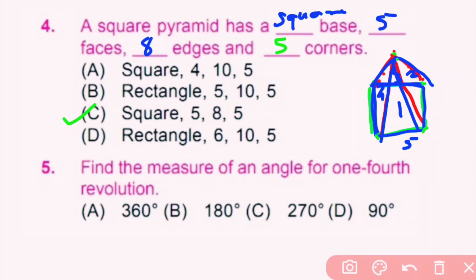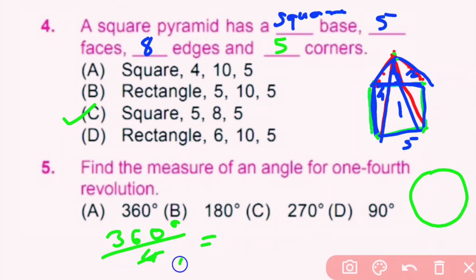Question number 5. Find the measure of the angle for 1/4 revolution. For a complete revolution, the angle is 360 degrees. 1/4 of it means divide by 4. 4 ones are 4, 4 nines are 36. For 1/4 revolution, the angle will be 90 degrees. So here D is the correct answer.